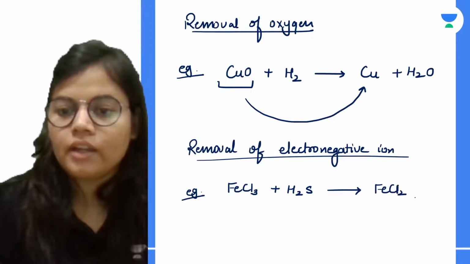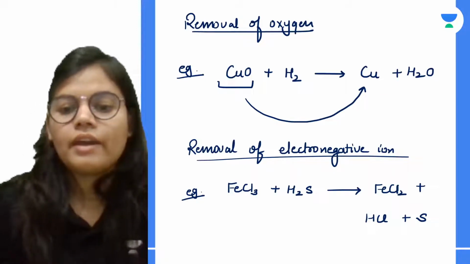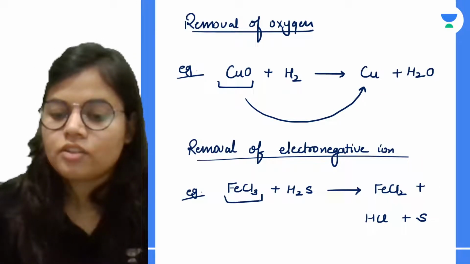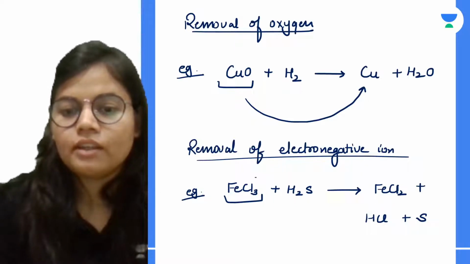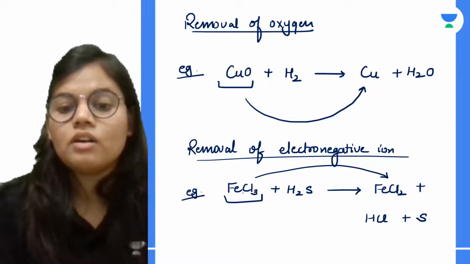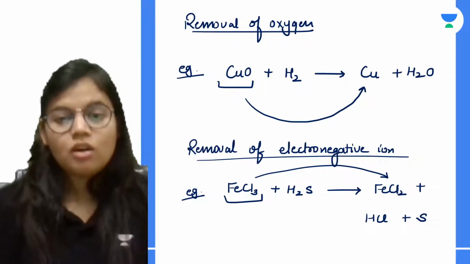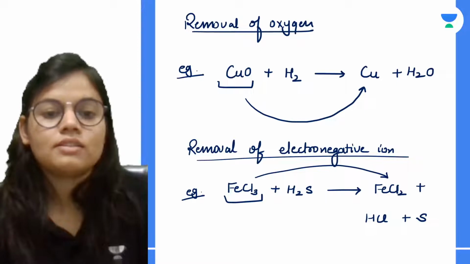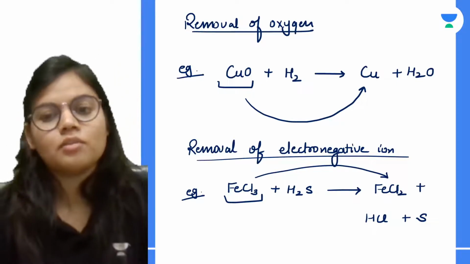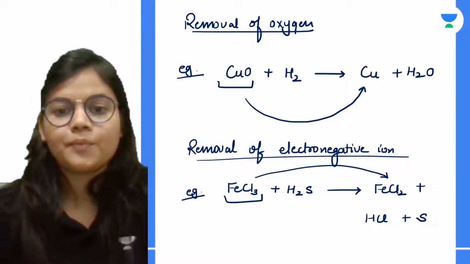We get ferrous chloride plus HCl plus sulfur. Now FeCl3 is getting reduced to FeCl2. How? One chlorine is getting removed. So one electronegative ion is getting removed, and therefore we can say the reduction has taken place. This is our third definition.